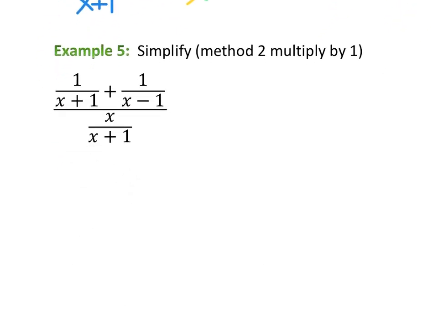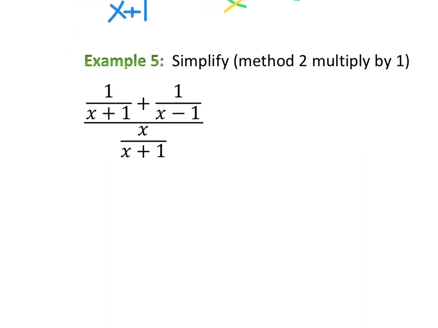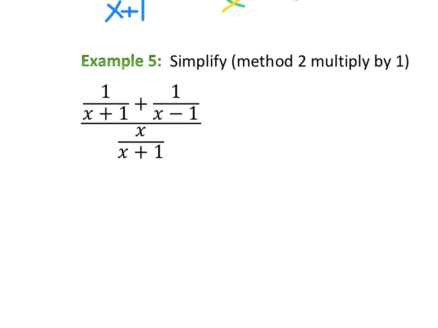Okay, and the last method probably actually makes the problem easier, but it's not similar to something you've done before, so it can be confusing. But for method 2, you again start by finding the common multiple of the bottoms of these fractions. And technically, I can include this one as well.